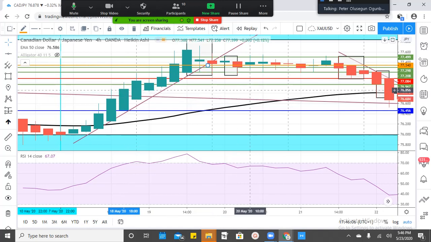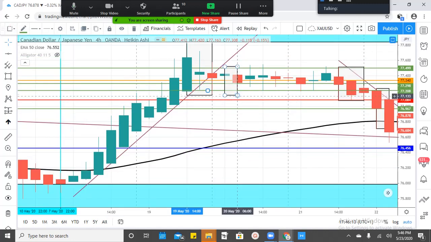This is where I would have exited. The price actually got to this point. This thing fell out, and it's the first low. It's completely outside my trend line. I want to get out here.